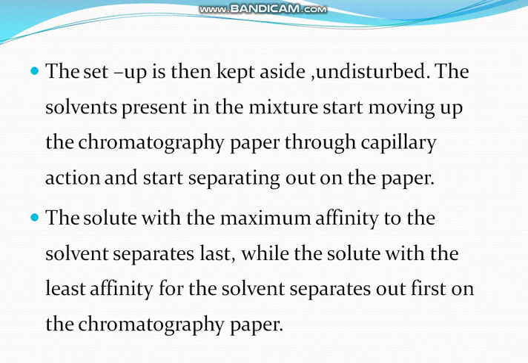The solvent starts moving up the chromatography paper through capillary action and the components start separating out on the paper. After some time, we can see the components separated at different levels. The solute with the maximum affinity for the solvent separates last, while the solute with the least affinity for the solvent separates out first on the chromatographic paper.